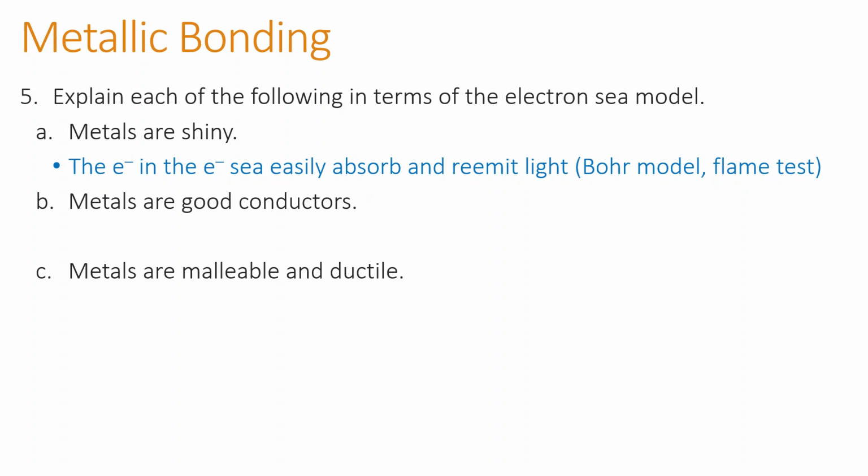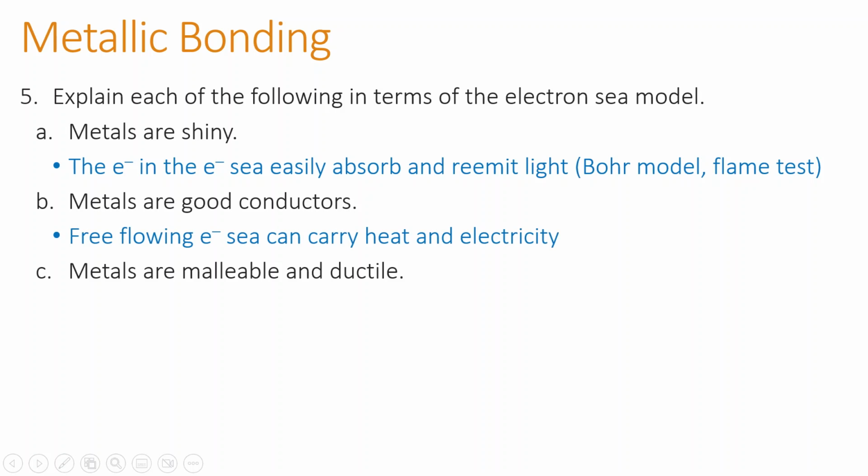So all those electrons are able to easily absorb and re-emit light, making metals shiny. Metals are also good conductors of both heat and electricity, and that's because we already have free-flowing electrons that can carry that energy as they move. So those free-flowing electrons in the electron sea are going to make metals good conductors.